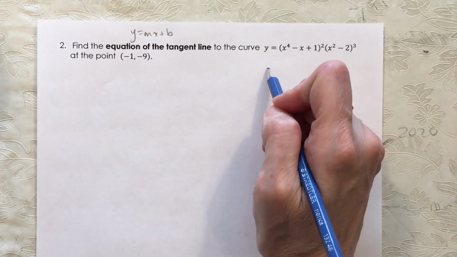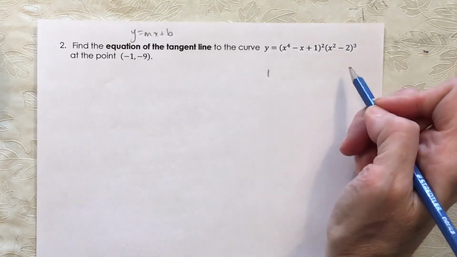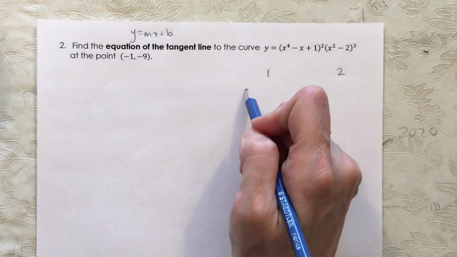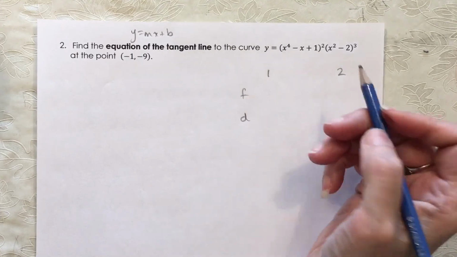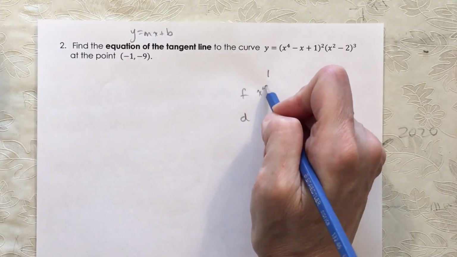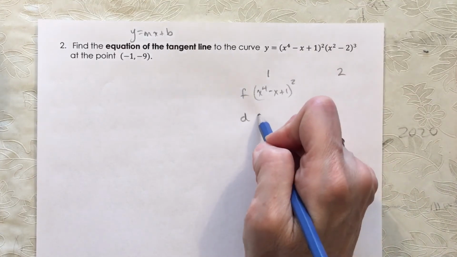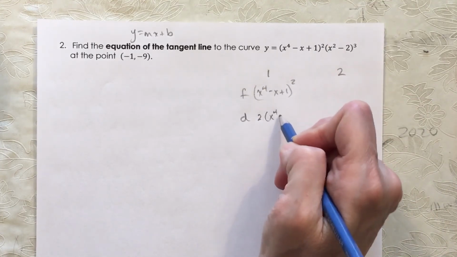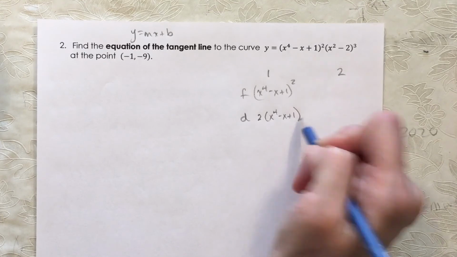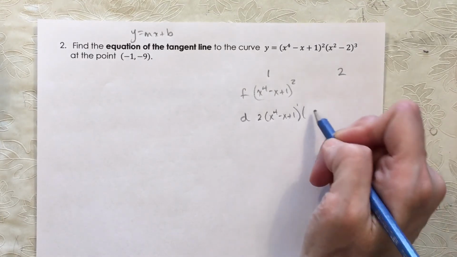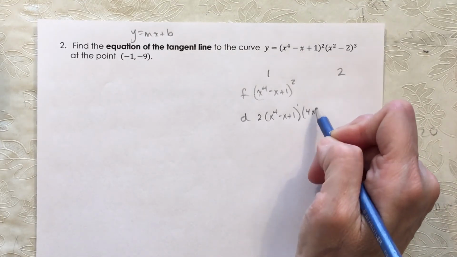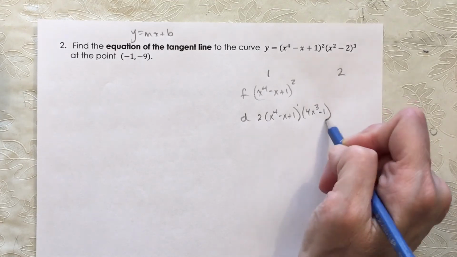Up to you guys. So first, the first function, (x to the fourth minus x plus 1) squared. Derivative is going to be 2 times (x to the fourth minus x plus 1) to the 1 times 4x cubed, the inner derivative, minus 1.